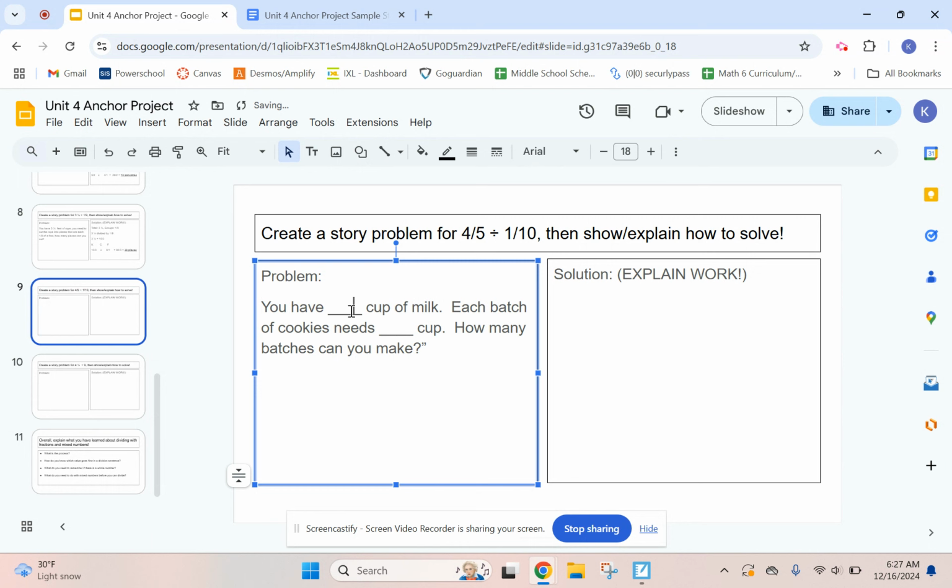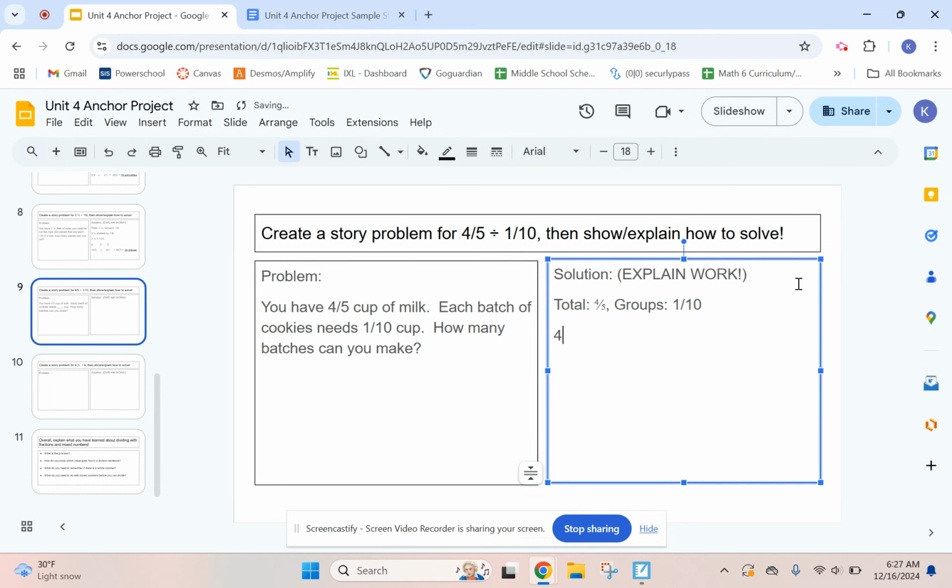We know our total is 4/5 cups of milk. Each batch of cookies needs 1/10 of a cup. How many batches can you make? All right, so we know our total is 4/5. Our groups is 1/10.